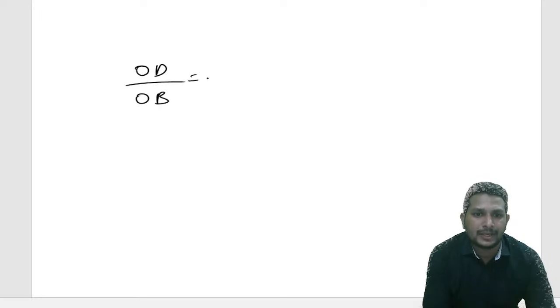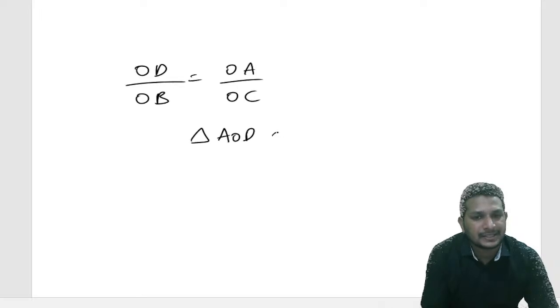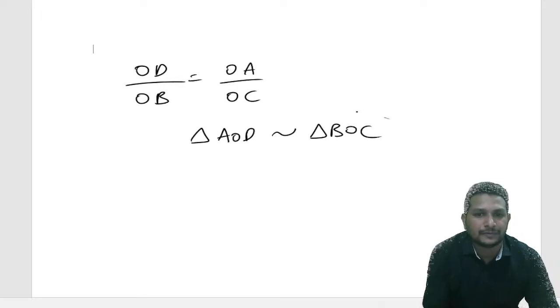So over here, we can say that clearly the corresponding sides OD by OB equals OA by OC. Why? Because triangle AOD is similar to triangle BOC.